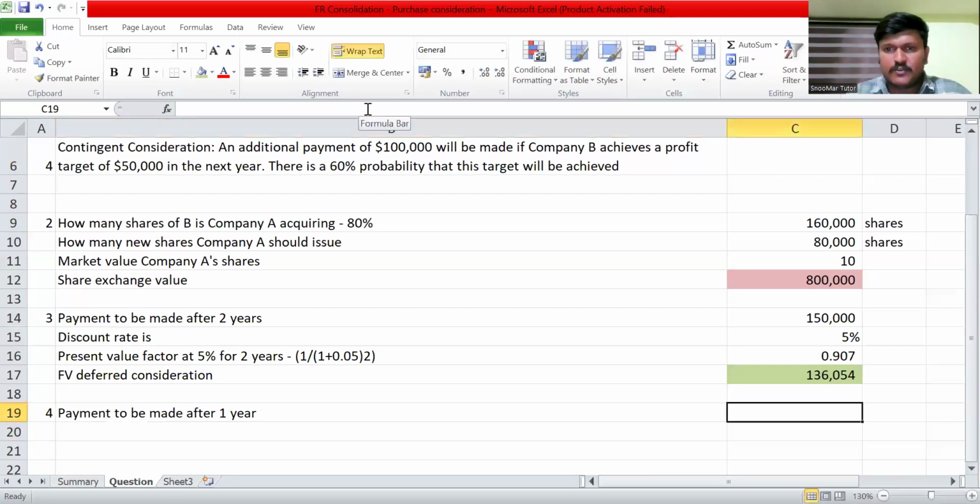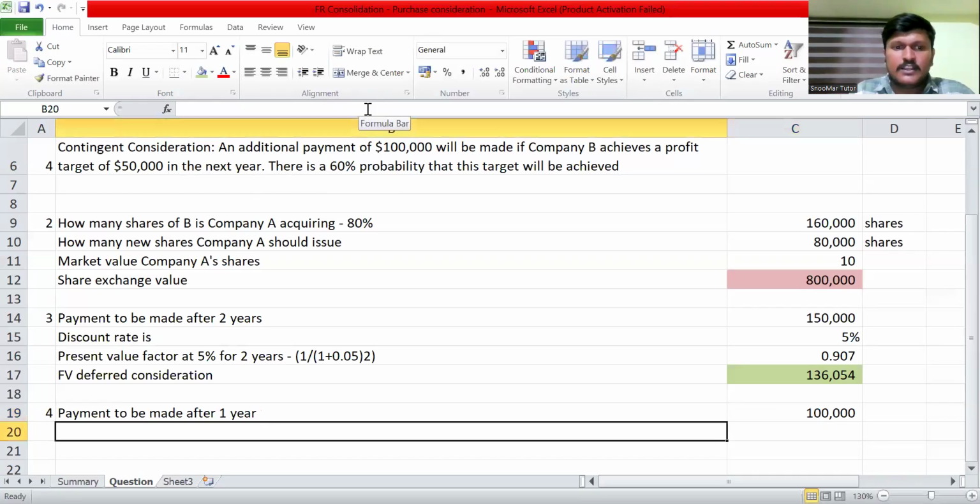How much is the payment to be made? $100,000. The condition is that if company B achieves a profit target of $50,000 in the next year, then we need to pay an additional 100,000. If it is not the case, then there is no need to pay.